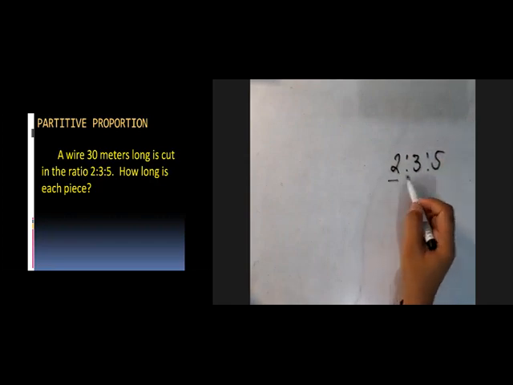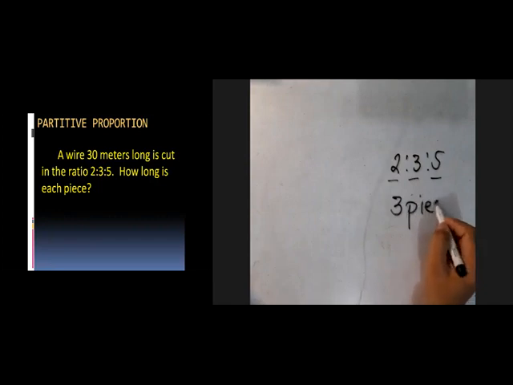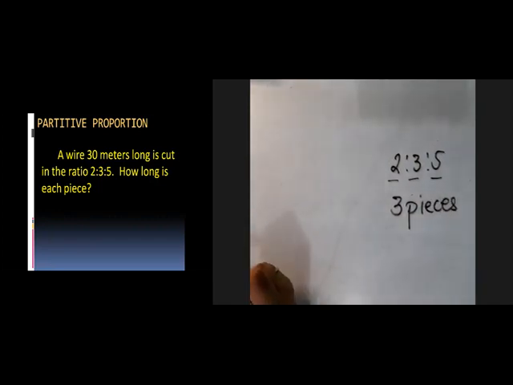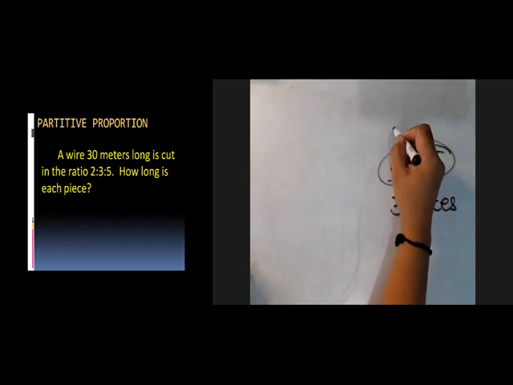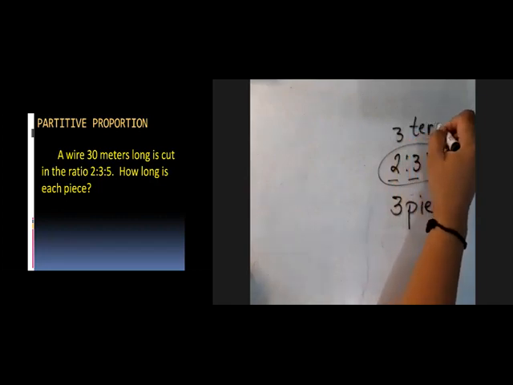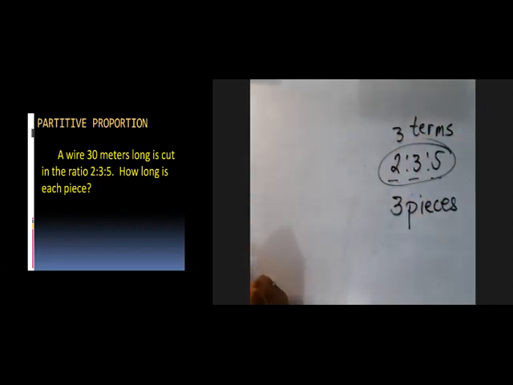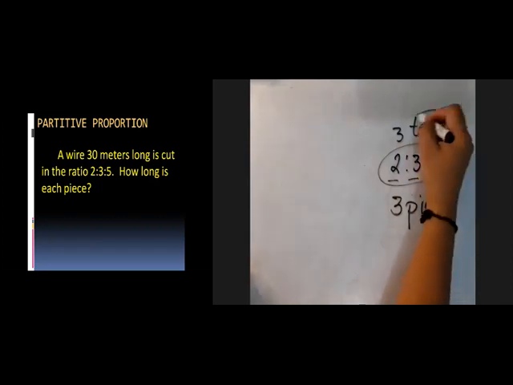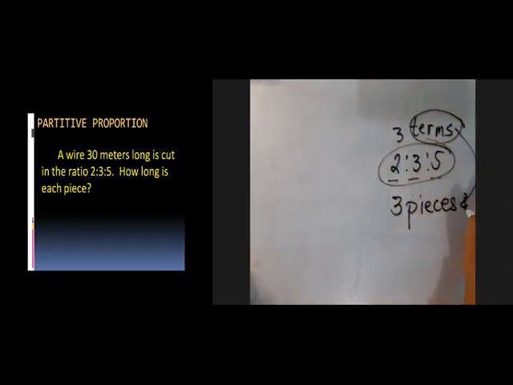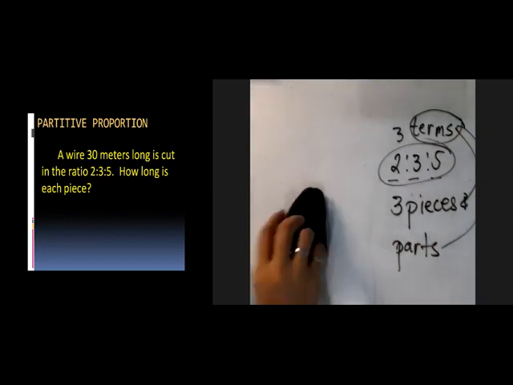We have 1, 2, 3. Ibig sabihin, we have 3 pieces of the wire, kasi meron tayong tatlong terms. So, the number of terms would suggest the number of pieces or the number of parts to consider. Okay, so let's now move on to solving the problem.